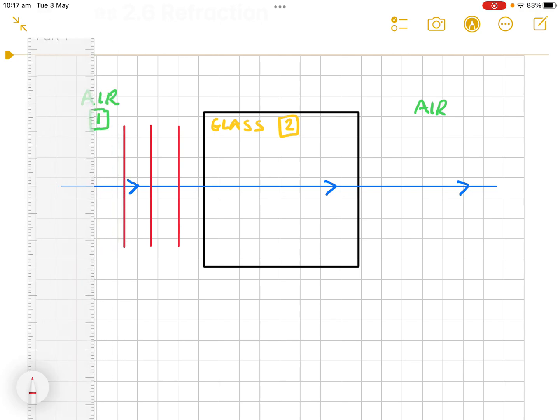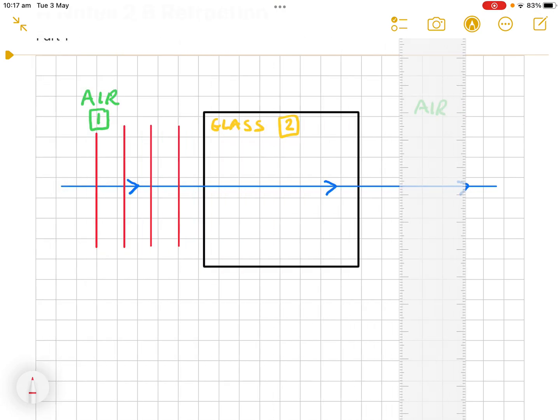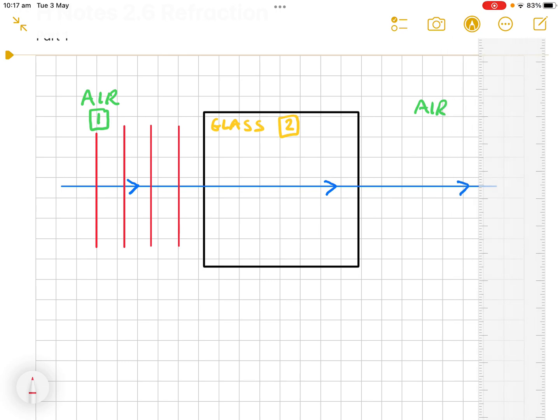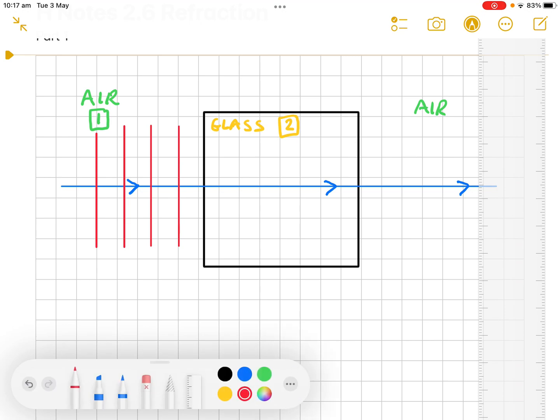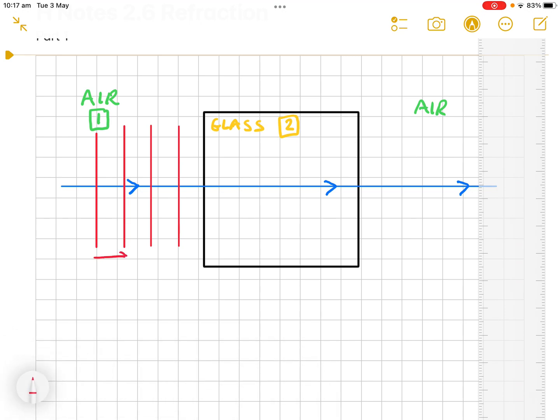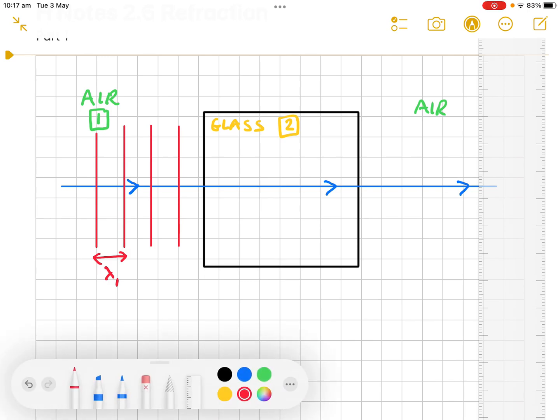And of course they should all be equally spaced, because the separation of those crests is the wavelength of the light. So I'll call that lambda 1, the wavelength of the light in medium 1, which is air.